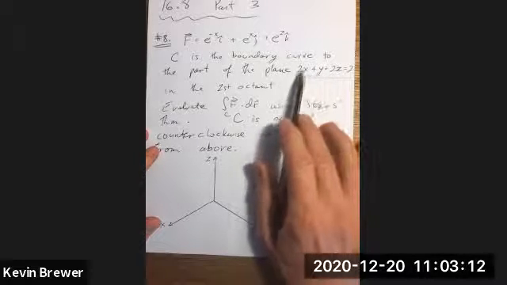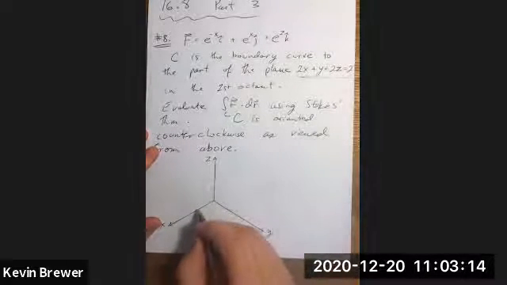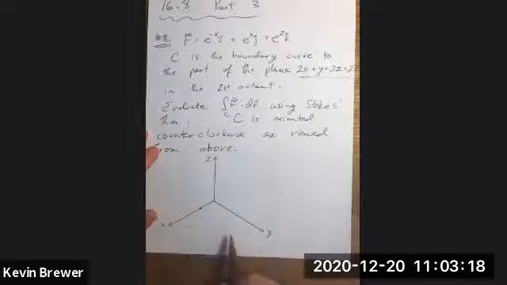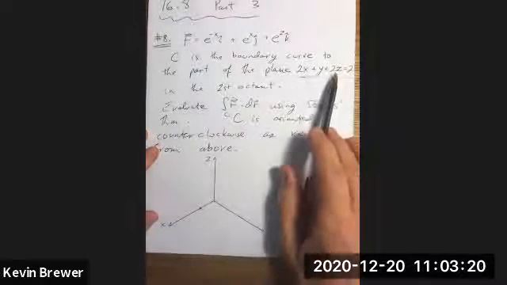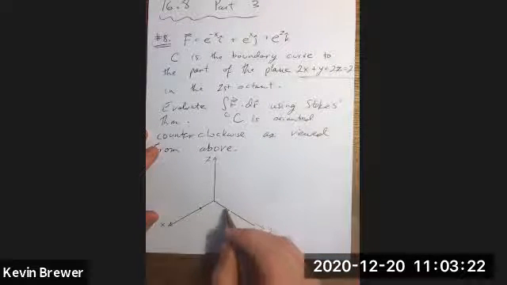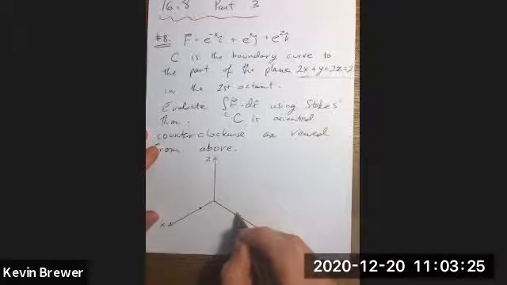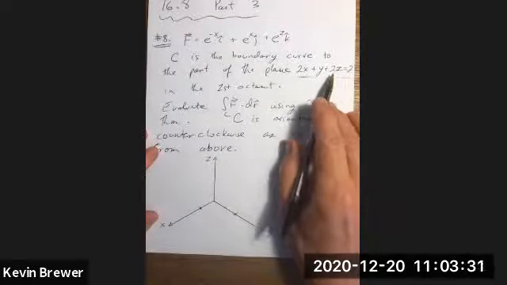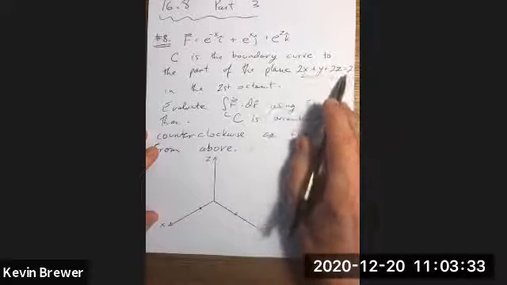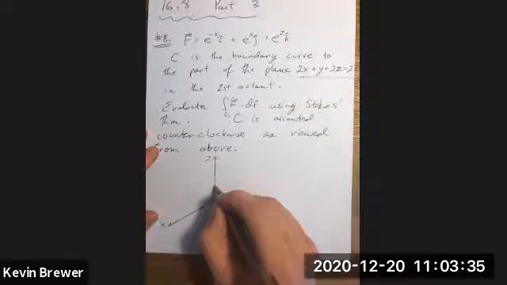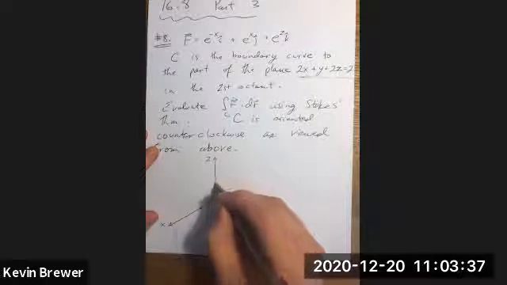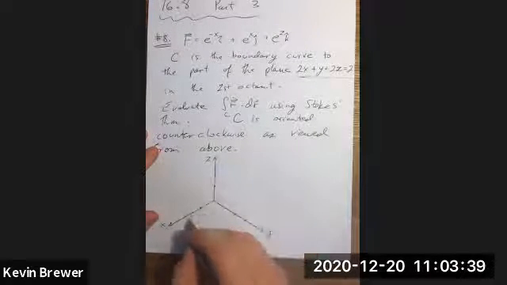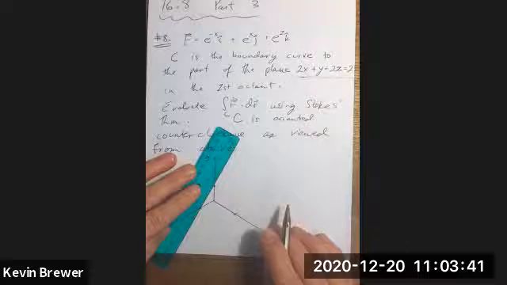If y and z are 0, x is equal to 1. If x and z are 0, y is equal to 2. And then y and x 0 makes z equal to 1.